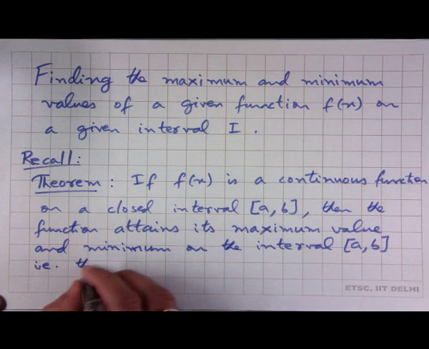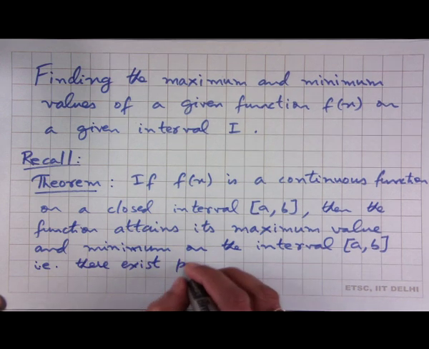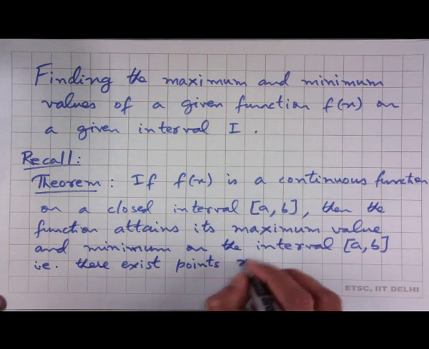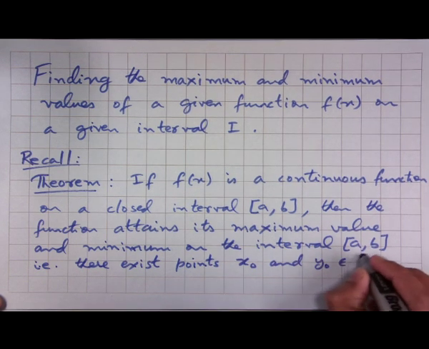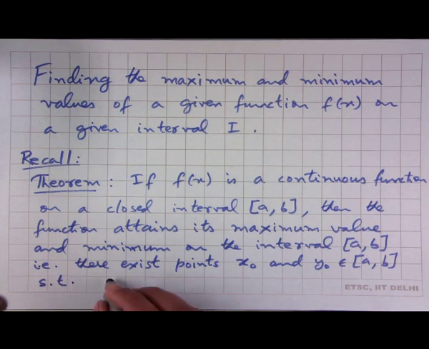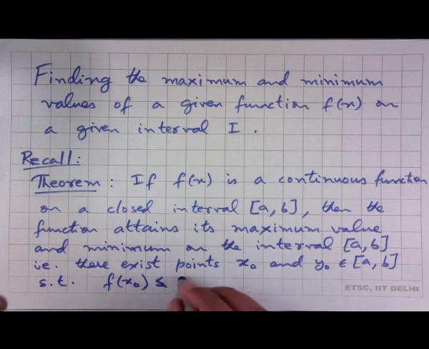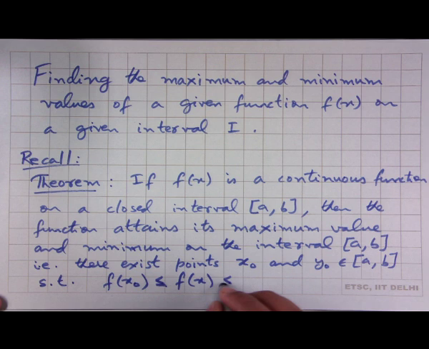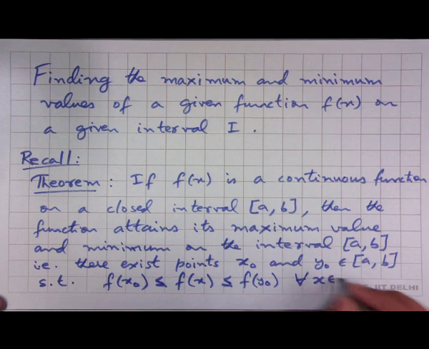points x naught and y naught in the interval [a, b] such that f of x naught is less than or equal to f of x is less than or equal to f of y naught for all x belonging to this interval [a, b].